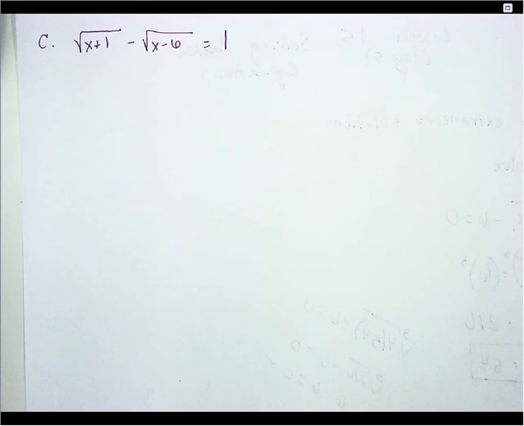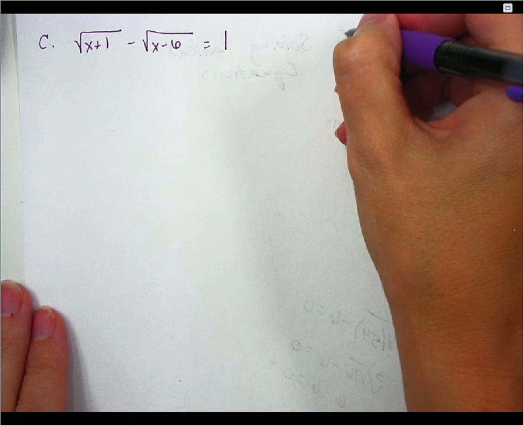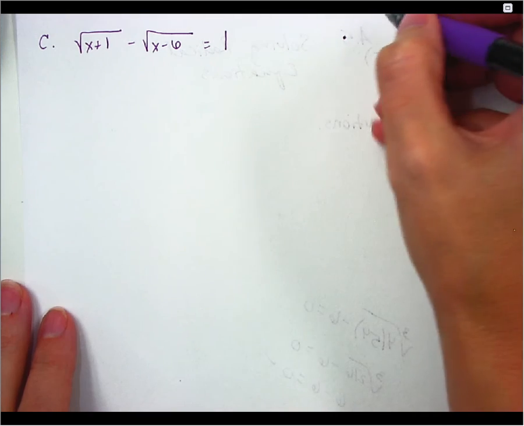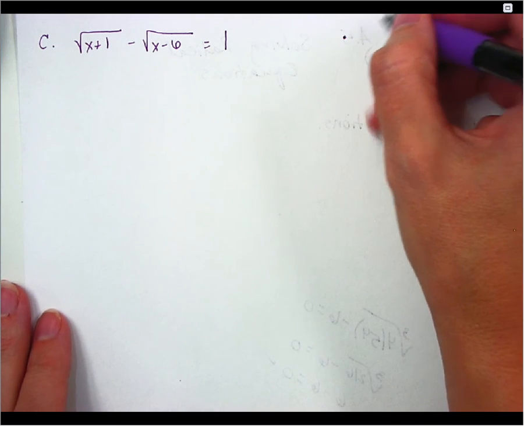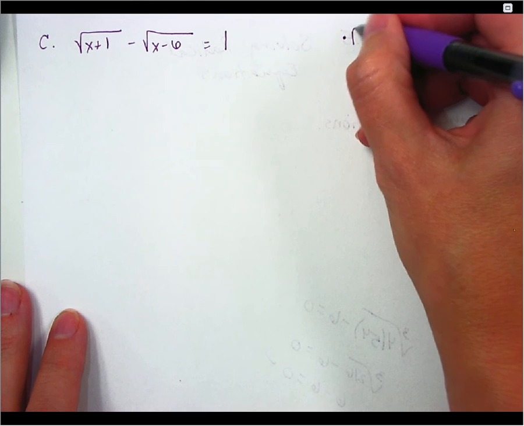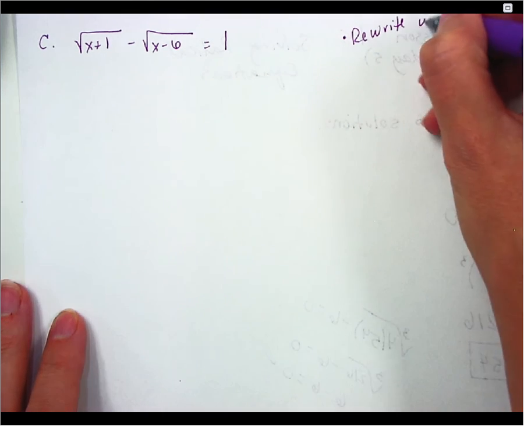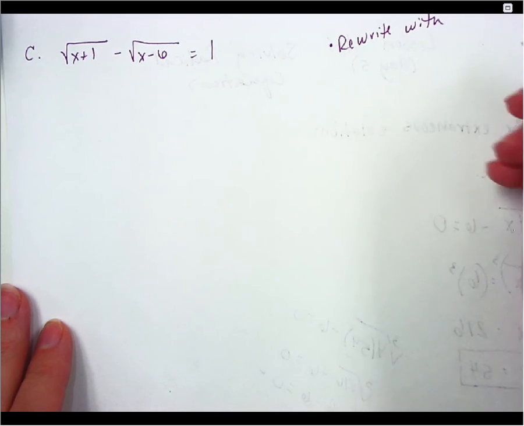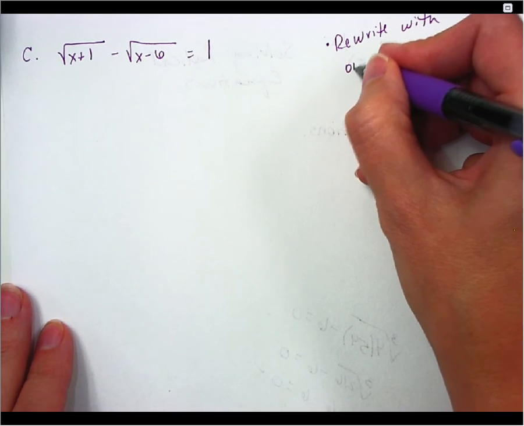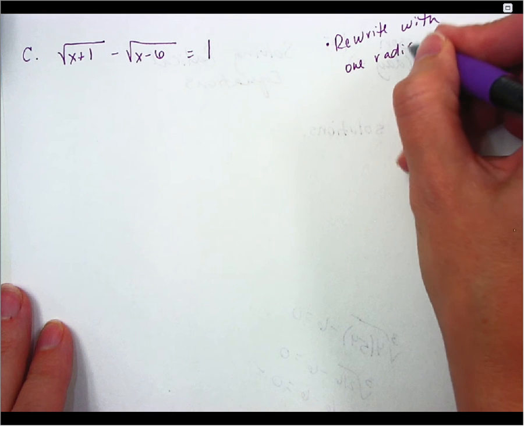Okay, so when we have two radicals on one side added or subtracted to each other, it's easier to do this problem if you get one radical on each side. So we're going to rewrite with one radical on each side.